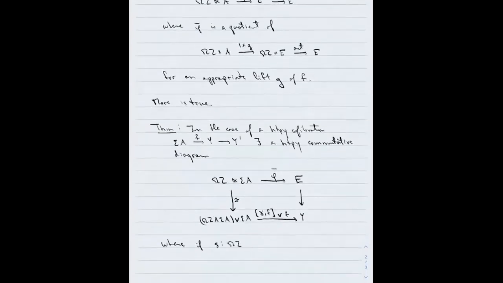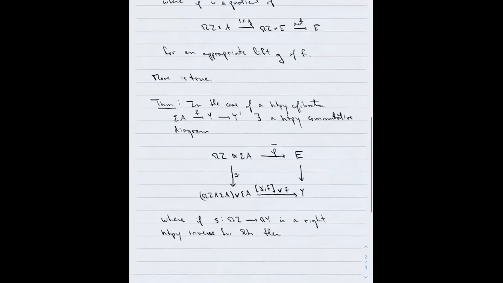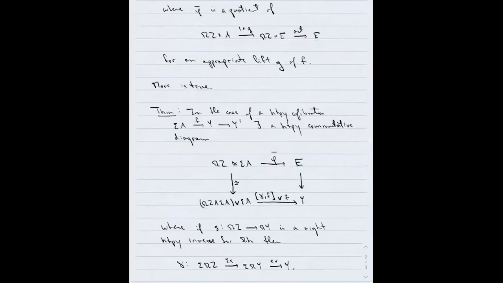So if S from loop Z to loop Y is a right homotopy inverse for loop H, then gamma is the map that starts with the suspension of that section and then evaluates on Y. So the extra information you get out of this is that this map that was constructed from a homotopy action has something to do with Whitehead products when you pass from the fiber E back down to this original space Y.